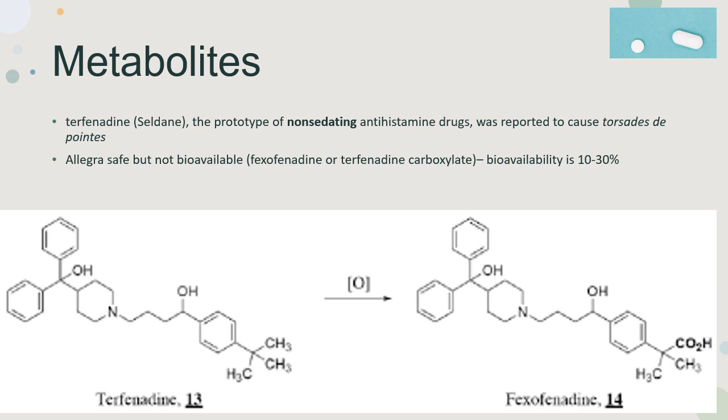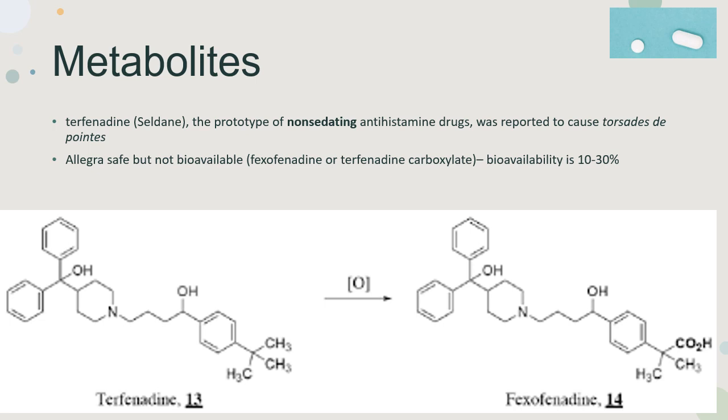So Seldane was a drug that was a non-sedating antihistamine. It's one of the first. So basically, everyone likes Benadryl because it can help them sleep and maybe treat a cold, but no one likes Benadryl that makes them drowsy. So Seldane basically was an antihistamine like Benadryl, but it was non-sedating. So everyone loved that, and it was one of the first like that. So it's very popular, very widely used.